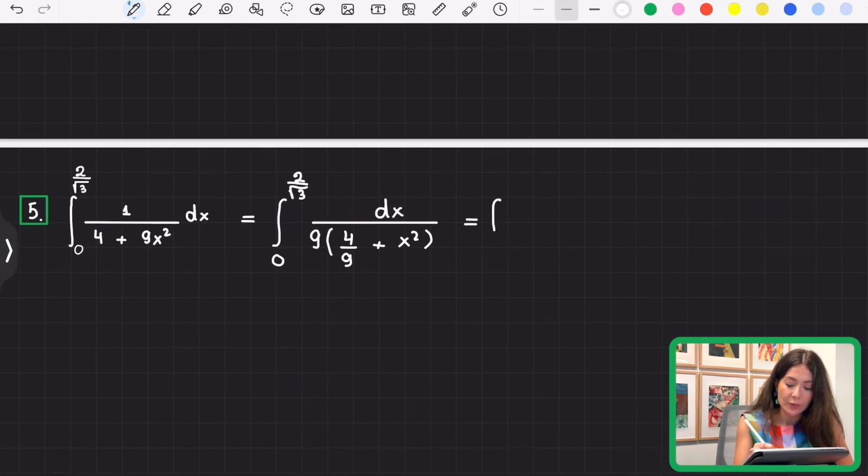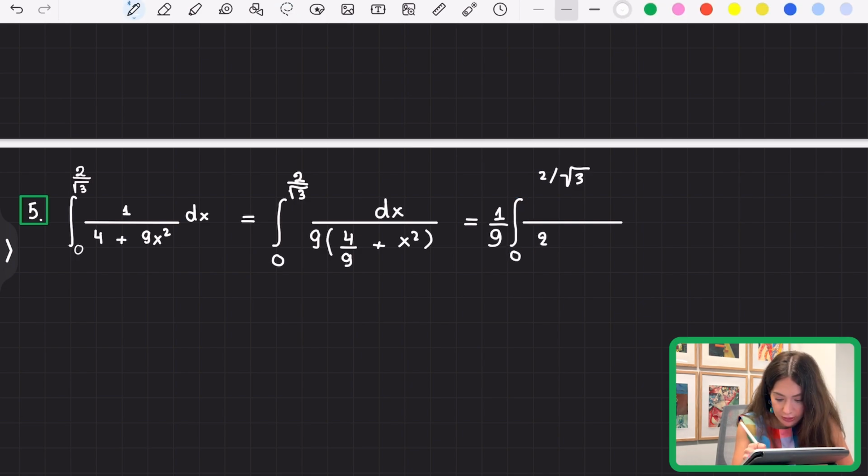So you can be confident that we didn't make any mistake when you put it back. Now I'm going to rewrite it one last time just to make it look exactly like the formula. And of course, 1 over 9, that's a constant. So always bring constants out of the integral so that your integral does not look more cluttered than it needs to be.